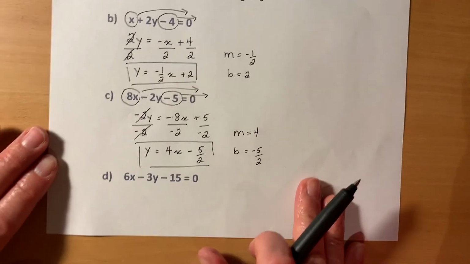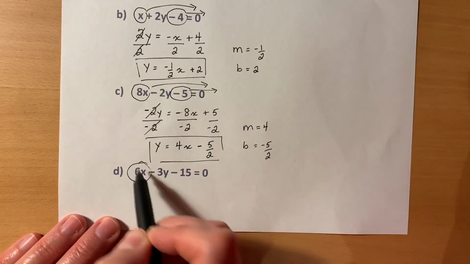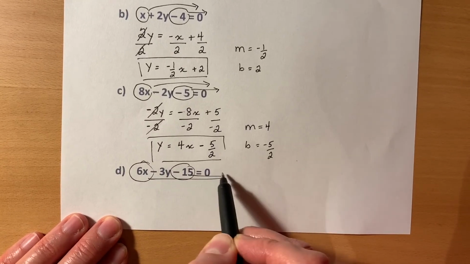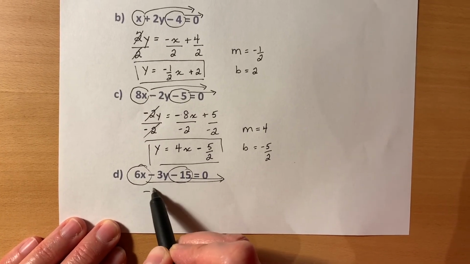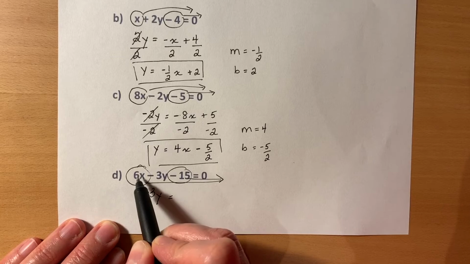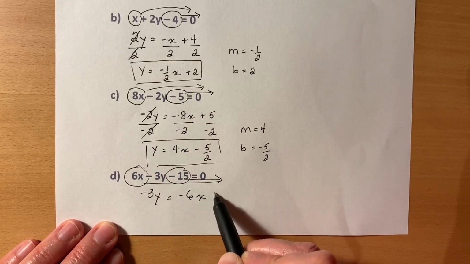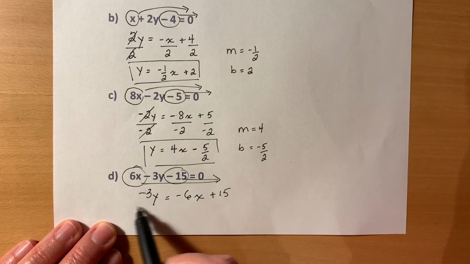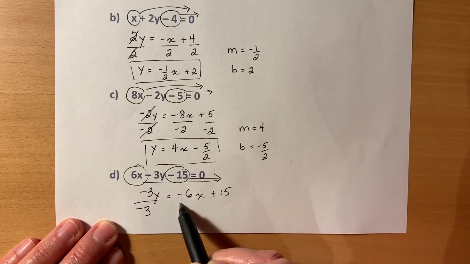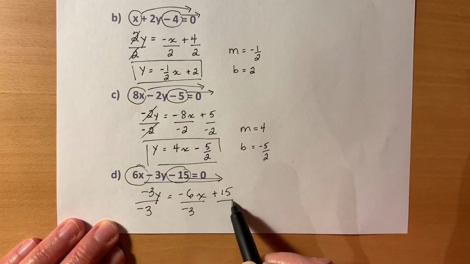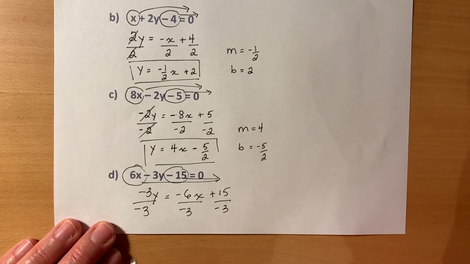Okay, last one, same idea. Get rid of anything that doesn't have a y. This is -3y. 6 changes sign on the other side. The negative 15 changes sign. Divide by the number in front of y, which is negative 3. And then again, you need to simplify.